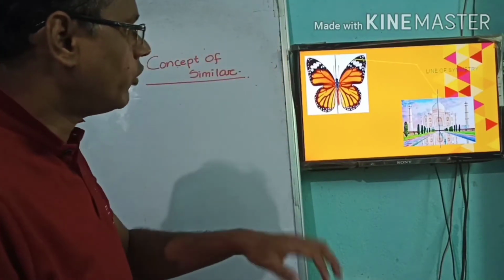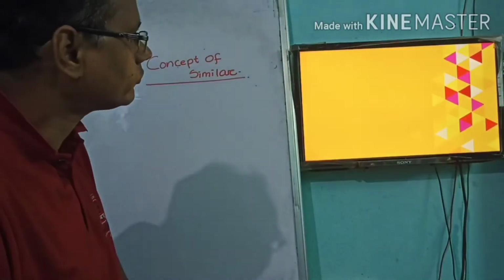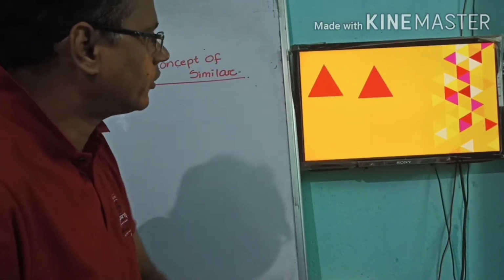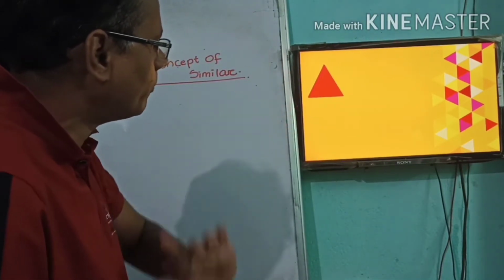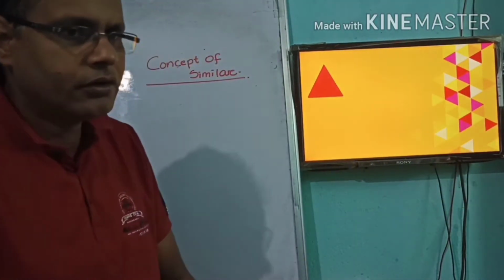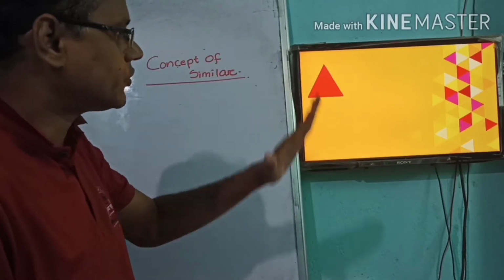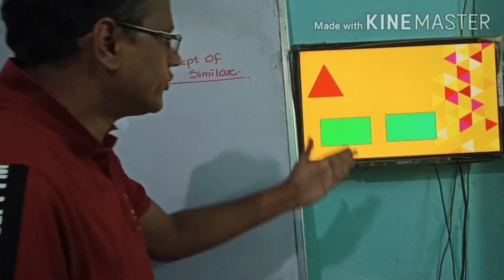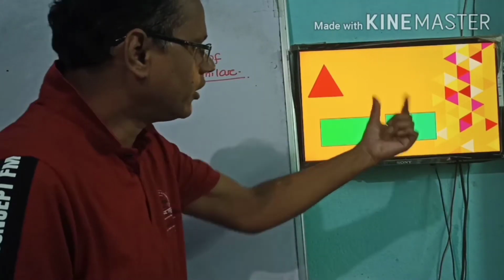In the same way, you see, these are two triangles. One triangle is completely overlapped with the other and it is matched from everywhere. Is that clear? Then these two triangles are considered congruent. In the same way, you can see the rectangles are there.